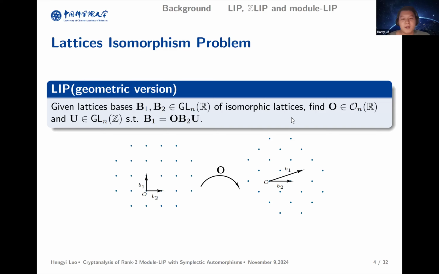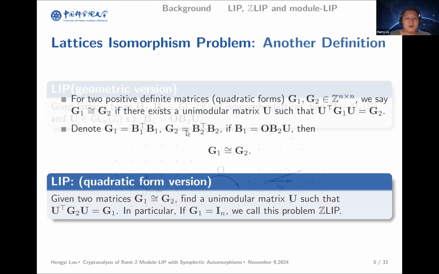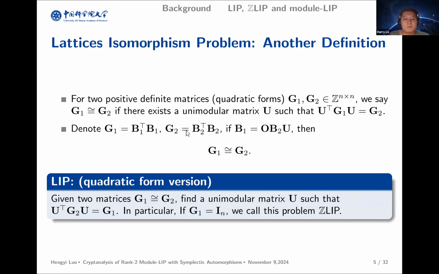The task is to find an isomorphism, which means finding an orthogonal matrix O and a unimodular matrix U, such that B sub 1 equals O times B sub 2 times U. When viewed through the Gram matrices of the bases, they differ by a unimodular congruence transformation, indicating their equivalence as quadratic forms. This is called the quadratic form version of LIP.